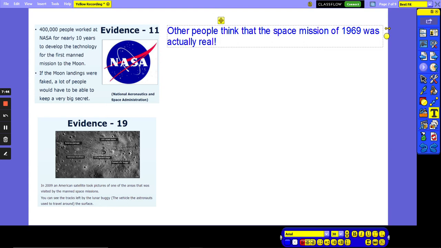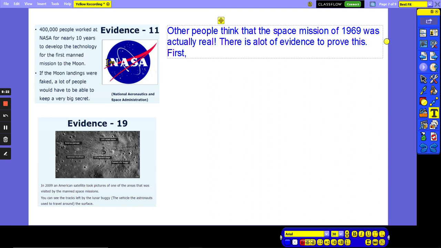So there is a lot of evidence to prove this. First, and I find this really, really important, that 400,000 people, you think that's like 1,000 Stoke Park junior schools worked on the NASA project, 1,000 Stoke Park junior schools keeping it a secret. I don't think that's really possible. So, really important piece of information to show that it was real.